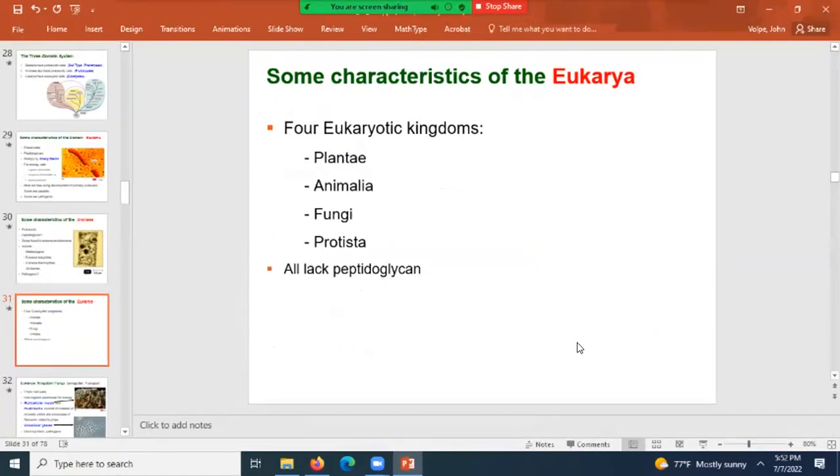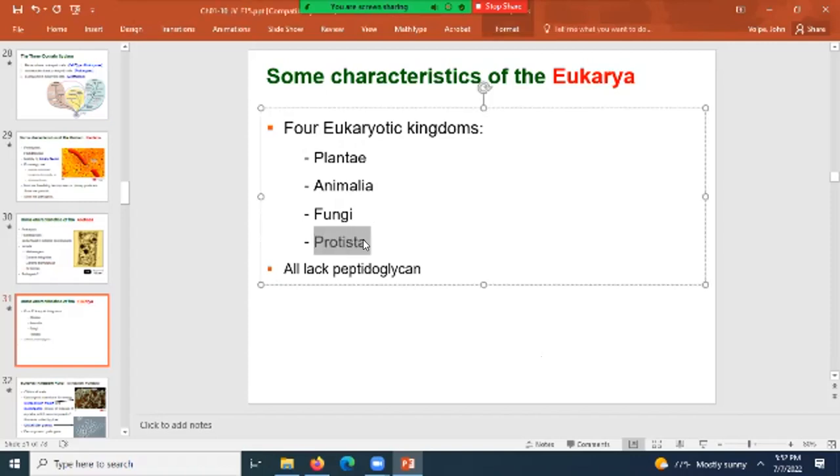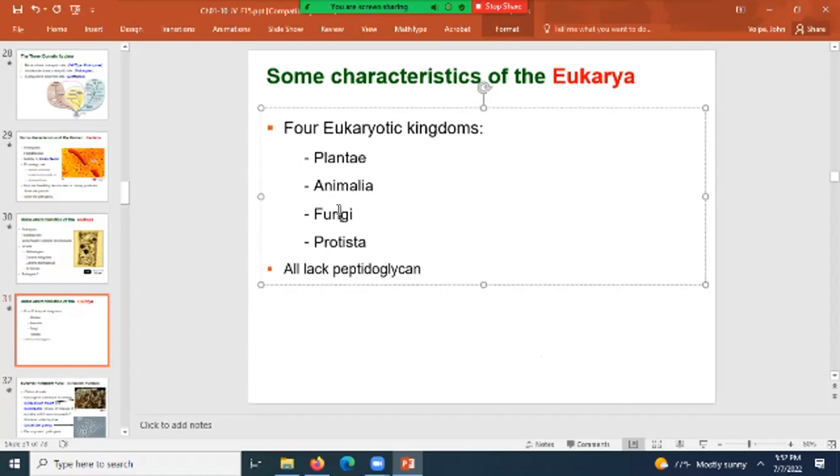All right, let's talk a little bit about the domain eukarya. We're going to split the domain eukarya into 4 eukaryotic kingdoms: the kingdom plants, the kingdom animals, the kingdom fungi, and the kingdom protista. Realize that the kingdom protista is just a collection of all the eukaryotes which are not plants, animals, or fungi.